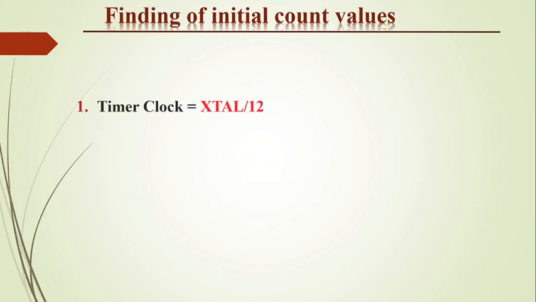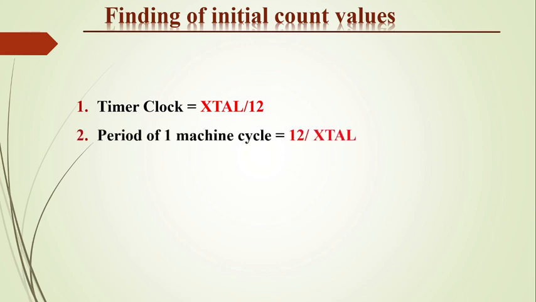Similarly here, to find the initial count for this timer, our first step is to find the timer clock frequency. The timer clock is nothing but the crystal frequency divided by 12, and we have to find the period of one machine cycle.